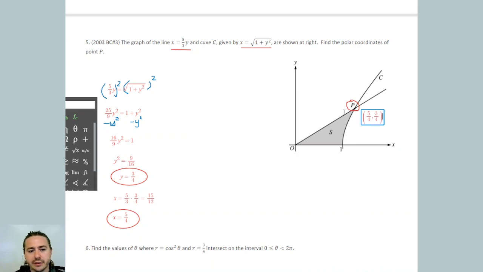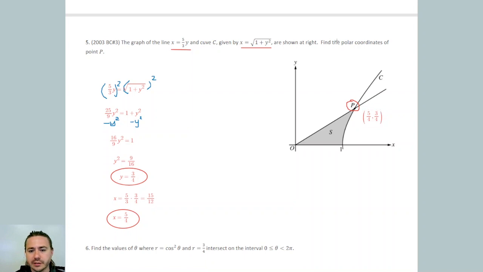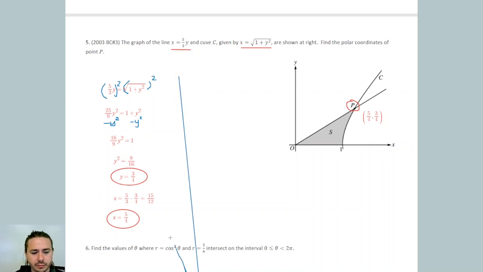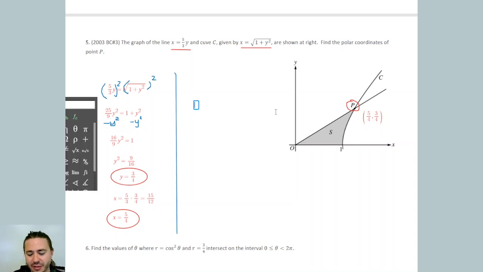What I need to do next is convert that to polar form, because it's saying find the polar coordinates. So to find the polar coordinates, I'm going to use those polar conversion equations. r squared equals x squared plus y squared. So r equals the square root of x squared plus y squared.